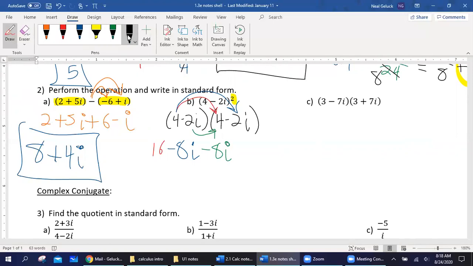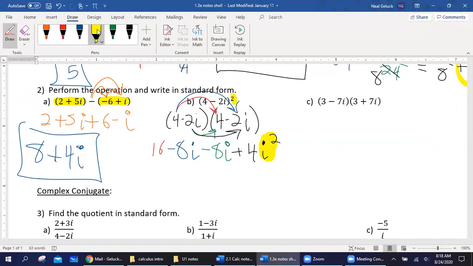Now be careful on the end here, here's the kicker. Negative 2 times negative 2 is going to be positive 4. And it's i times i, which is i squared. But remember, i squared is negative 1. We learned that at the top.